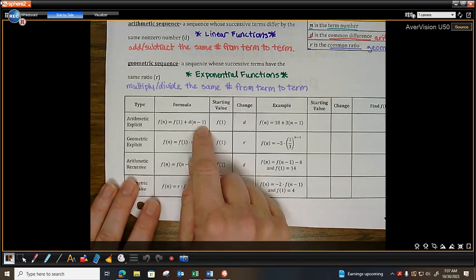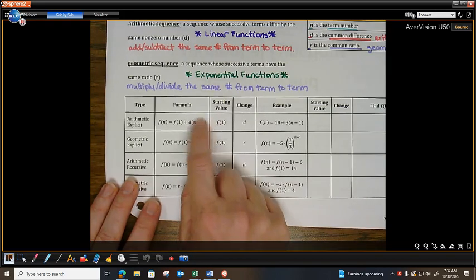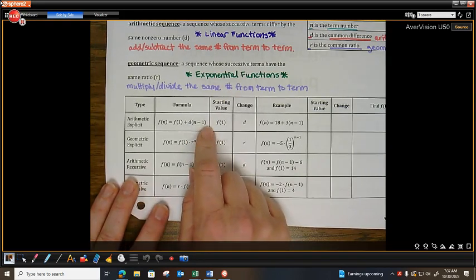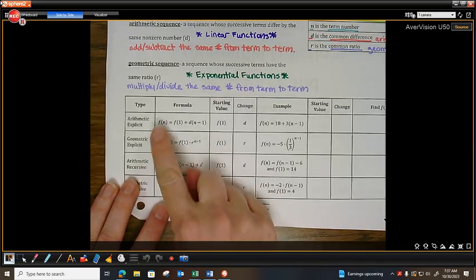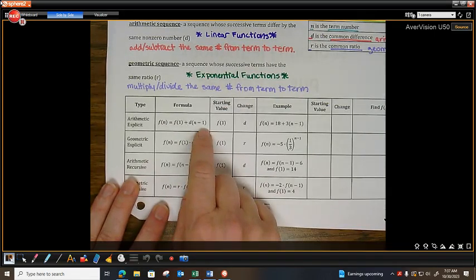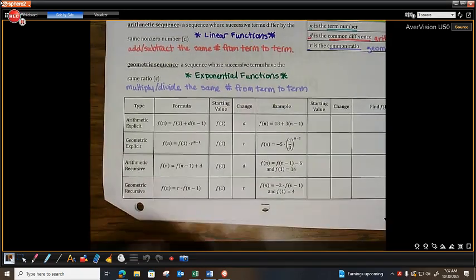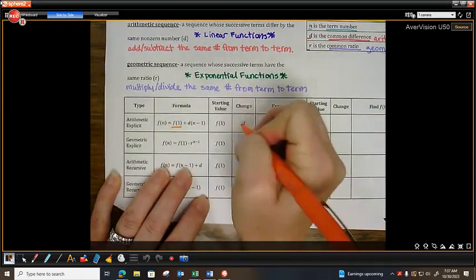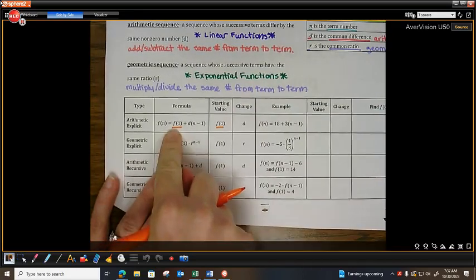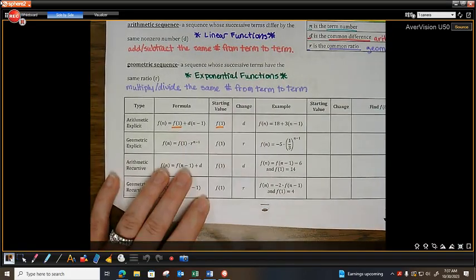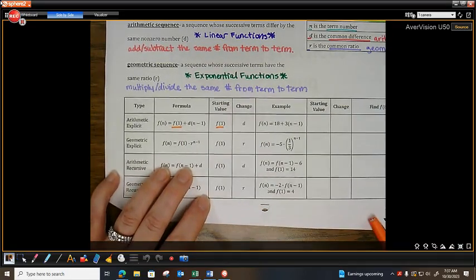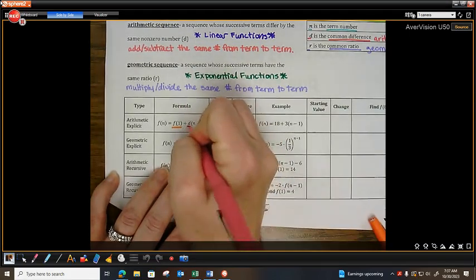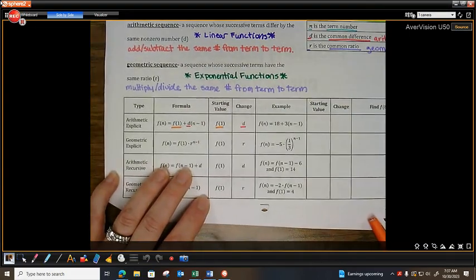The term number minus 1. So n minus 1 means your previous term number. Okay? From this arithmetic explicit formula, you can tell me what f1 is. Okay? f1's right there. Okay? You can tell me what the common difference is. It's right there.